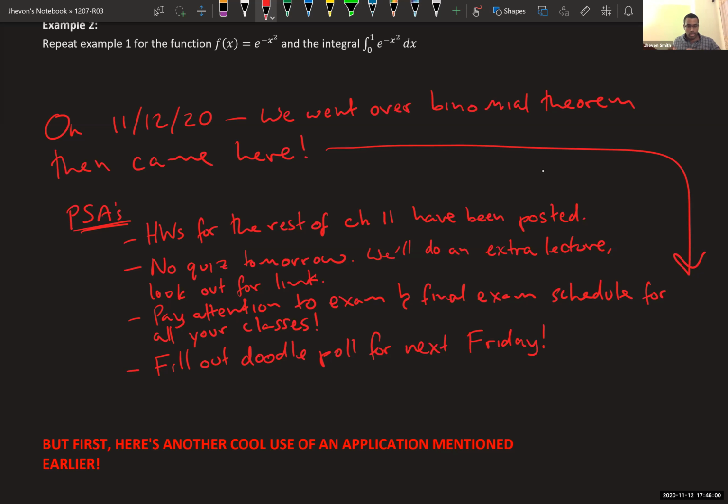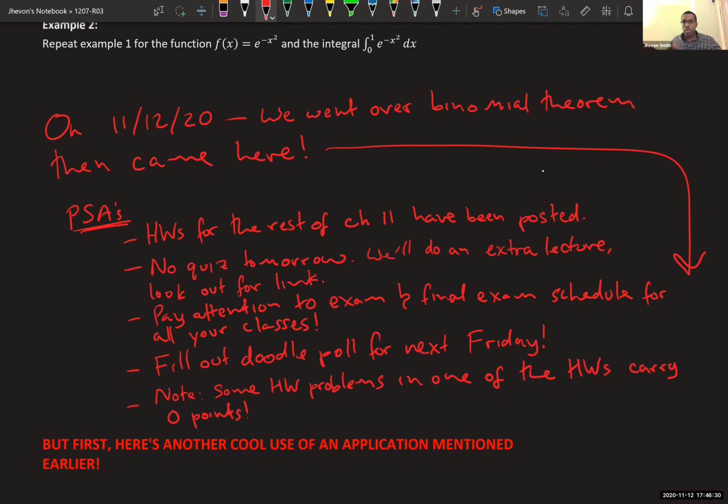Oh, another thing. Note that in one of the homeworks, some homework problems carry 0 points.